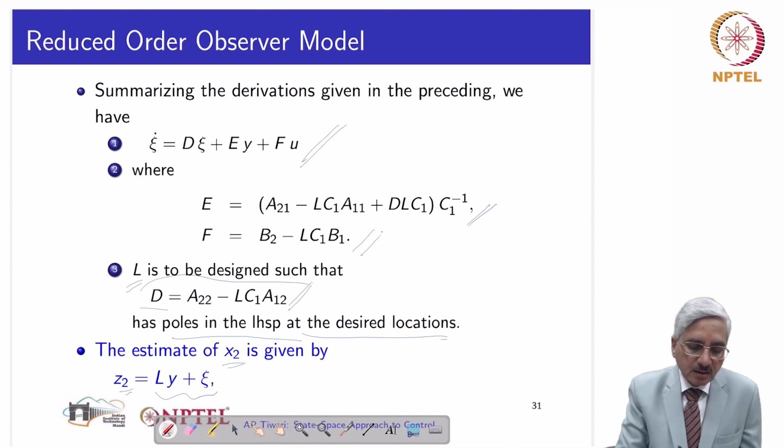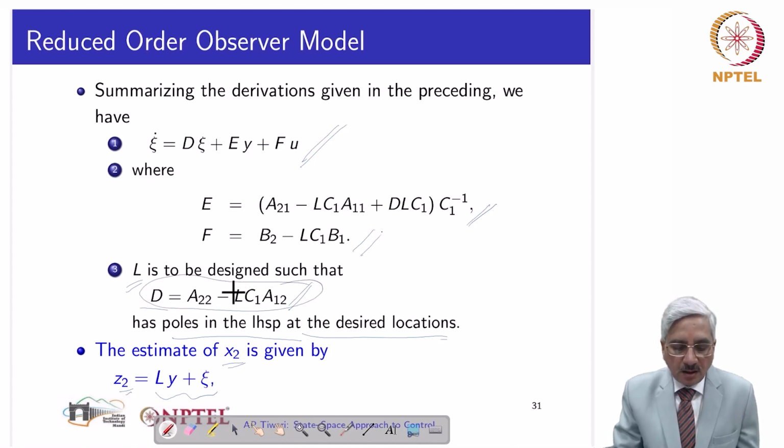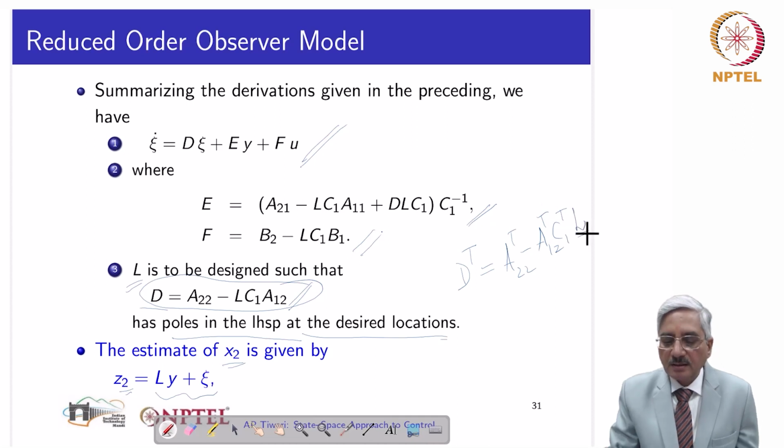Now we concentrate on this equation. If we look at D transpose, it is A22 transpose minus A12 transpose C1 transpose L. L is the gain. So it is very similar to what we did in case of pole placement, AC equal to A minus BK.